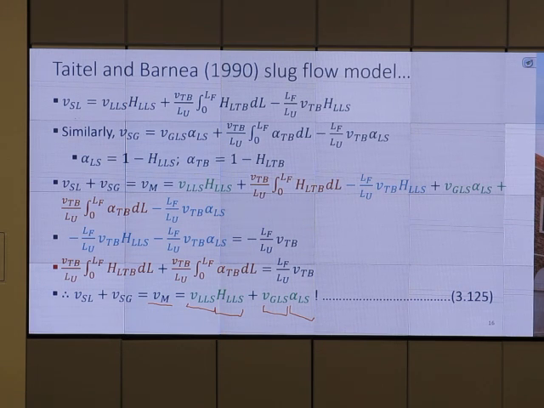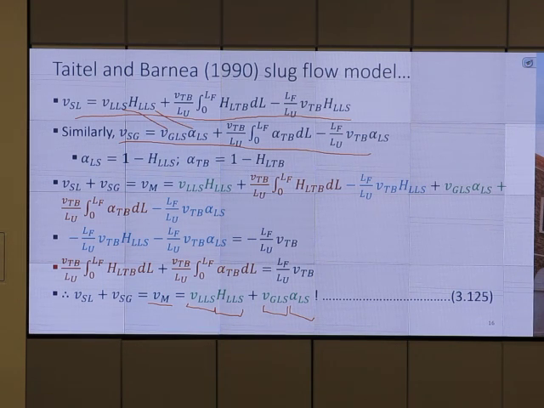After we get the equation from your book, we do the same thing for the gas phase. Similarly, for the gas phase, VLS just changes to VTLS. HLLS just changes to alpha LS. VTB stays the same. And HLTB changes to alpha. H changes to alpha, just that. These things stay the same. So similarly, we get this equation.